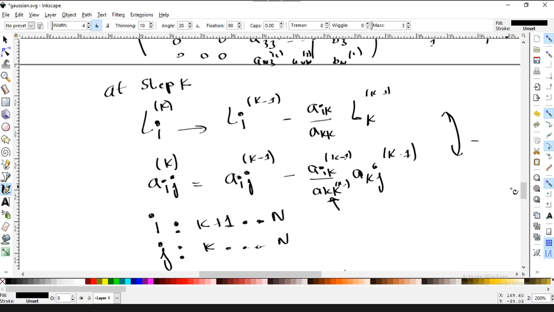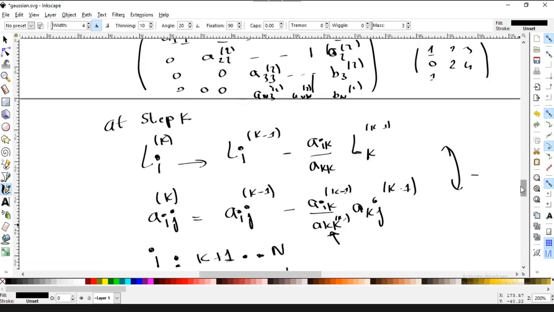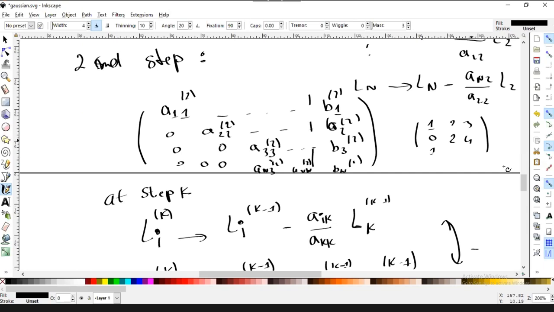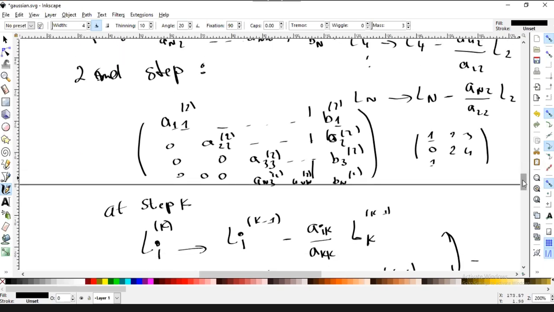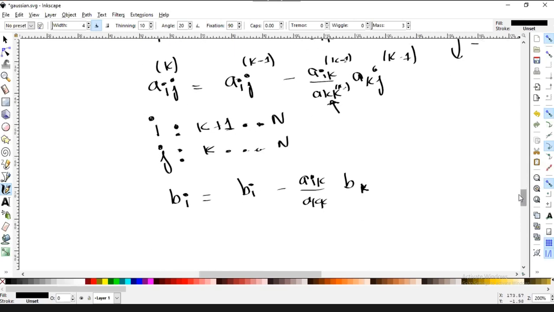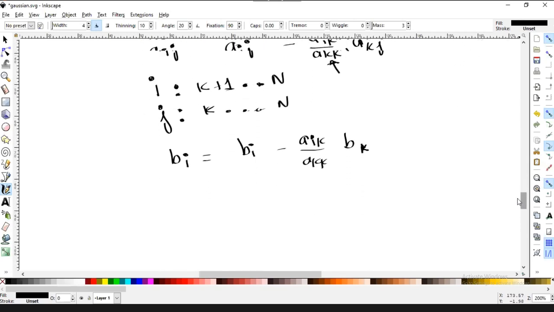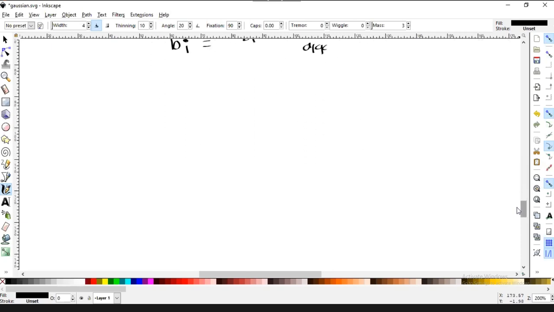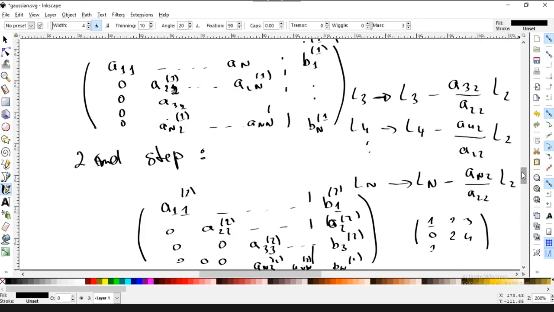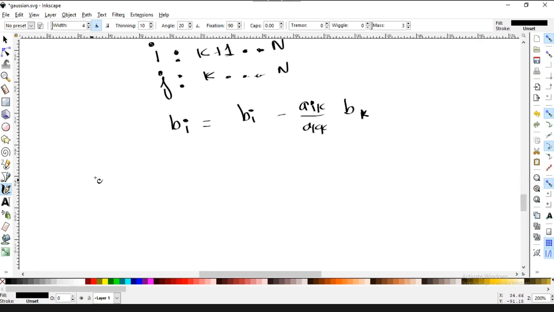What you can do, when your AKK equals 0, is to switch the lines. If you come and you want to divide by some value, to avoid the problem, there are different strategies.